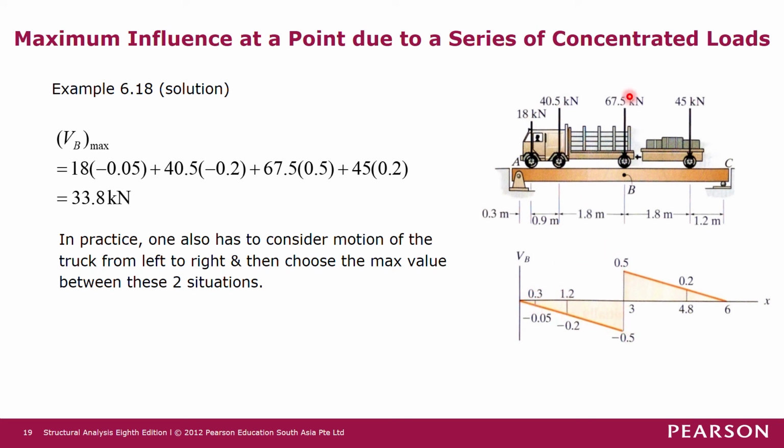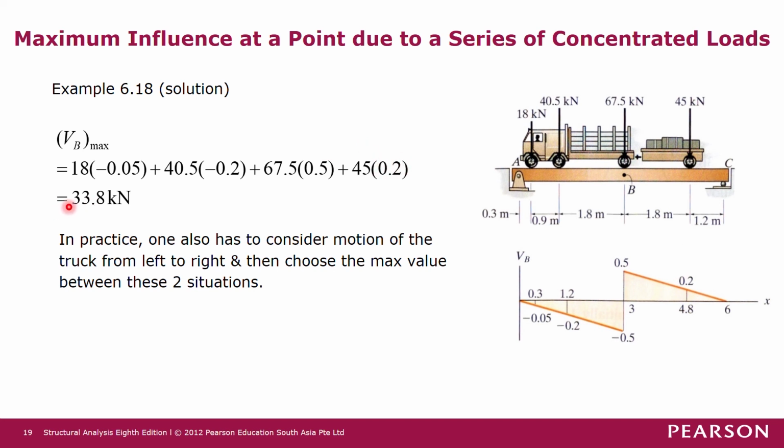So here we get 18 multiplied by minus 0.05, plus 40.5 times negative 0.2, and then 67.5, because this force is just to the right of point B, so it's this ordinate. 0.5 is the ordinate multiplied by 67.5, and then the 45 kilonewton is multiplied by 0.2.